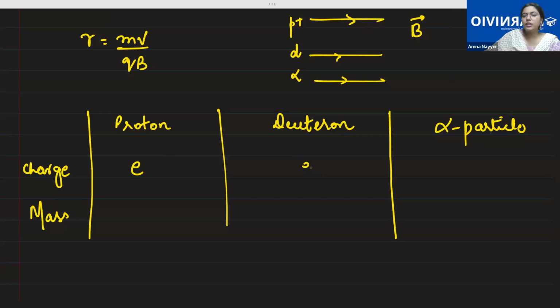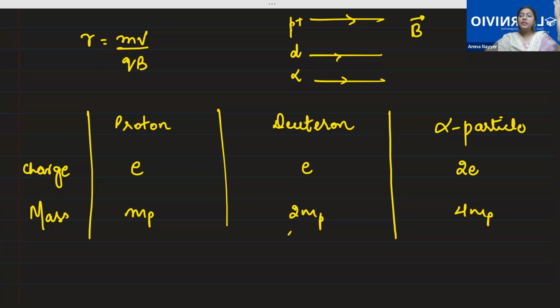Okay, so the charge on the neutron is also e, while the charge on the alpha particle is 2e. And mass of the proton is mp. Mass of neutron is twice the mass of proton, while the alpha particle's mass is 4 times the mass of proton. Why did we make everything in terms of proton? So that a standard is obtained and it is easy for you to take the ratio. In ratios, if you have two different quantities, it is difficult for you to obtain that. So what you do, you take the quantities that are same.